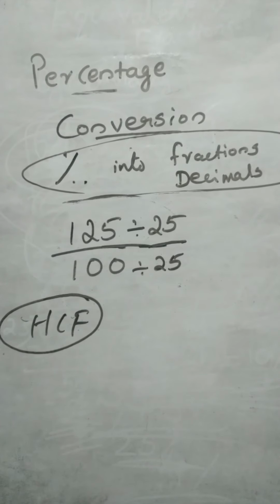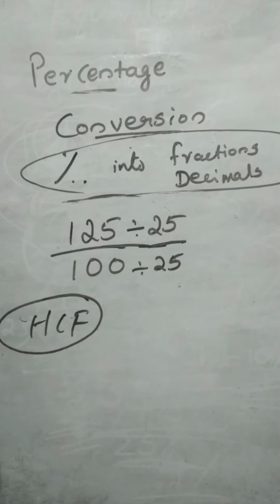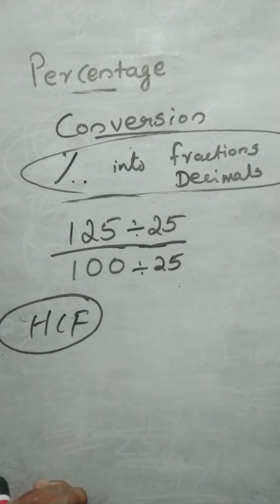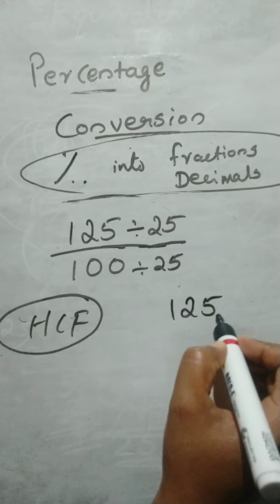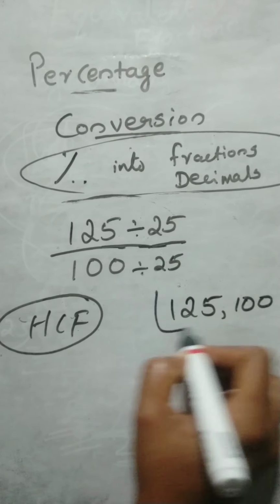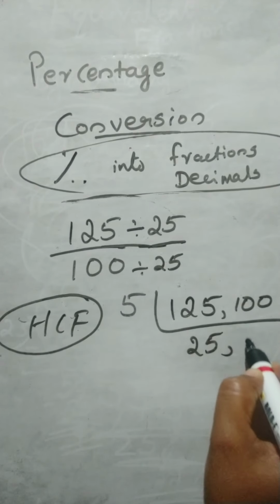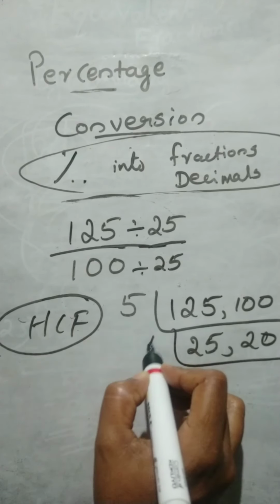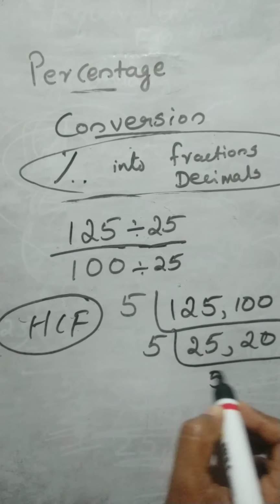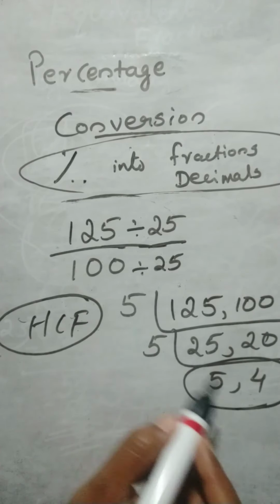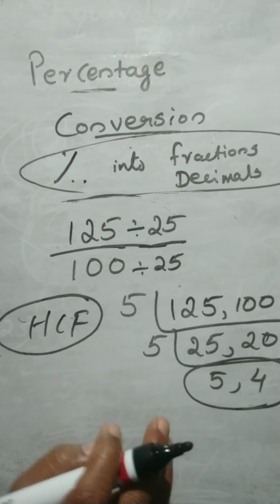Okay, and we have studied how can we find the simplest form of fractions. Okay, here we can recall that one. How can we find the HCF of 125 and 100? 125, then comma 100. Okay, by 5, then 25, here 20, again by 5, that is 5 and 4. There is no common number for dividing, so we can stop it here. 5 and 4 we can't take.